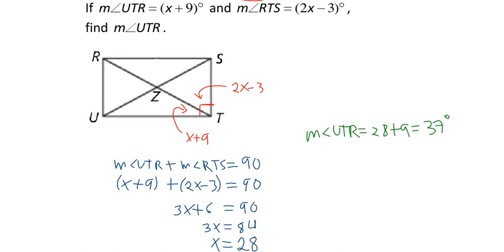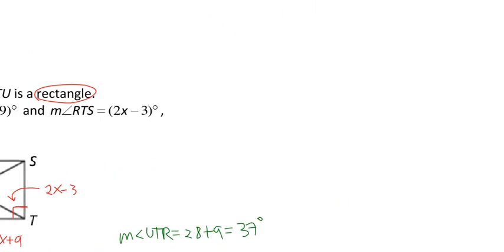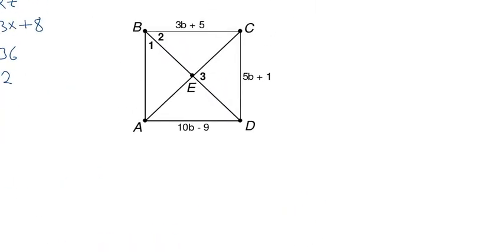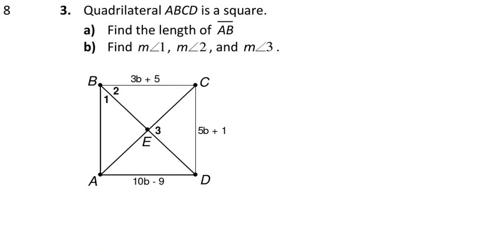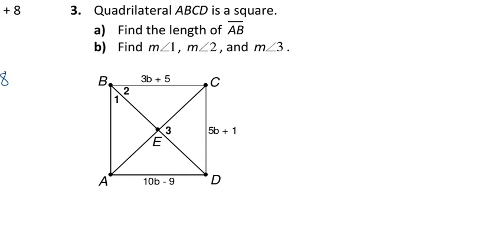And we go now to number 3. And number 3 says quadrilateral ABCD is a square. Find the length of AB. That's part A. And part B, find the measure of angle 1, the measure of angle 2, and the measure of angle 3.